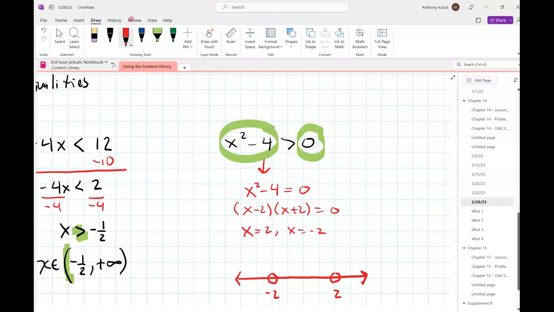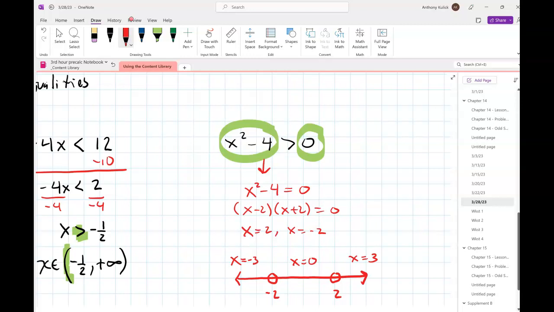Then I'm going to pick a value from those 3 places where the graph could be either positive or negative, because I know the only place where a continuous function is going to change from positive to negative is at an x-intercept, a 0, right?